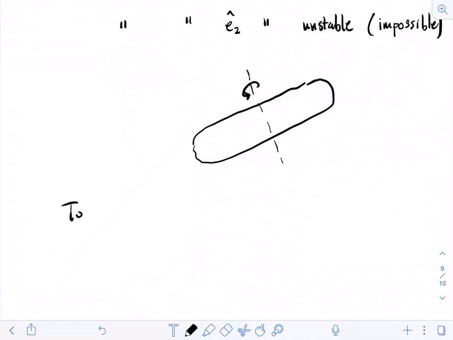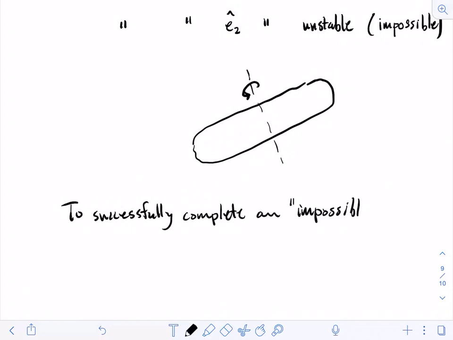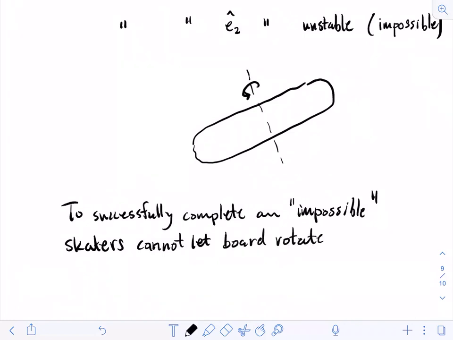So to successfully complete an impossible, skaters cannot let the board rotate freely.